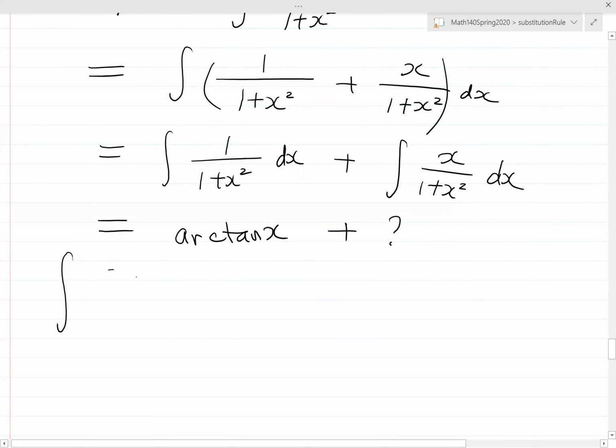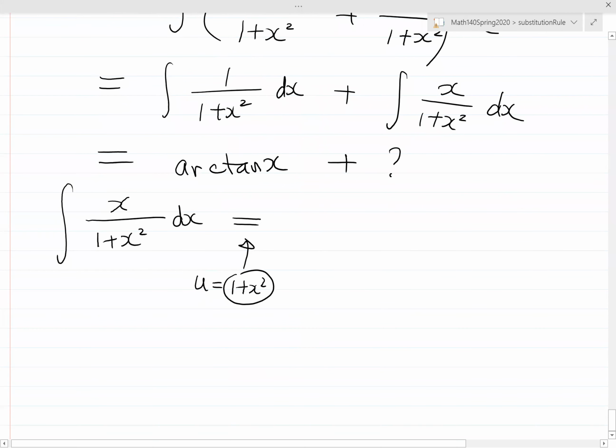For the second antiderivative, we substitute: let u be 1 plus x squared. If we use this substitution, what do we get for du? du is du over dx times dx.